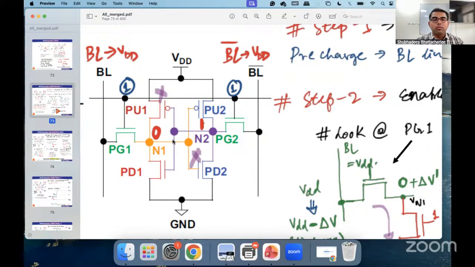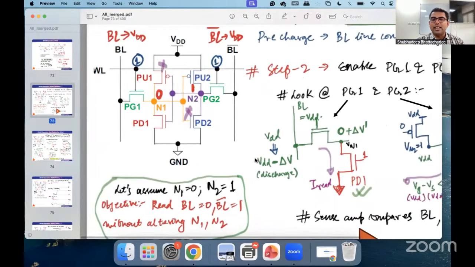Then we shifted our gaze towards the storage node N1 where 0 was stored. There we realized that the bit line is at VDD, your pass gate transistor has been turned on, and therefore there will be a finite read current which will flow from the pass gate to the pull down transistor.